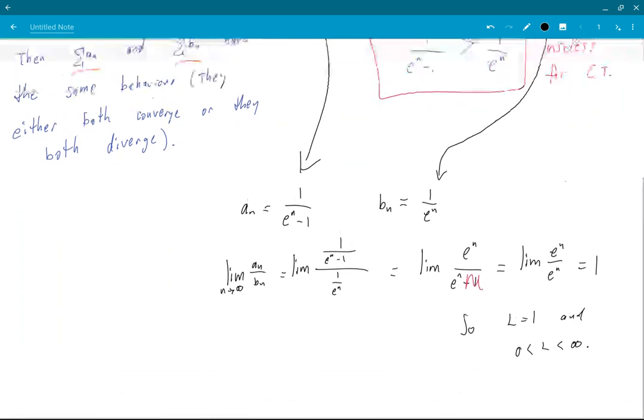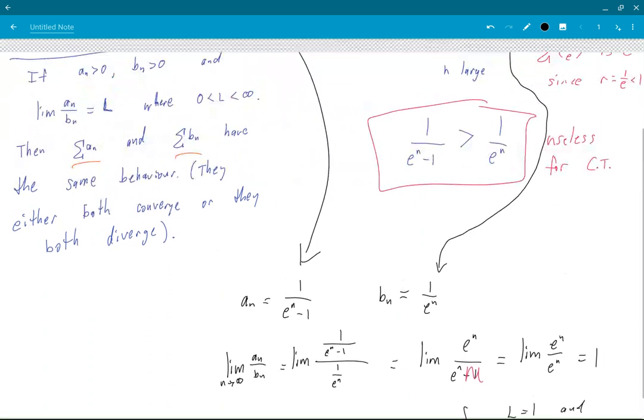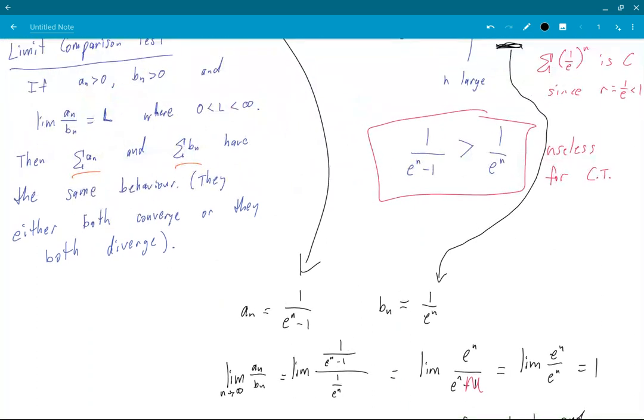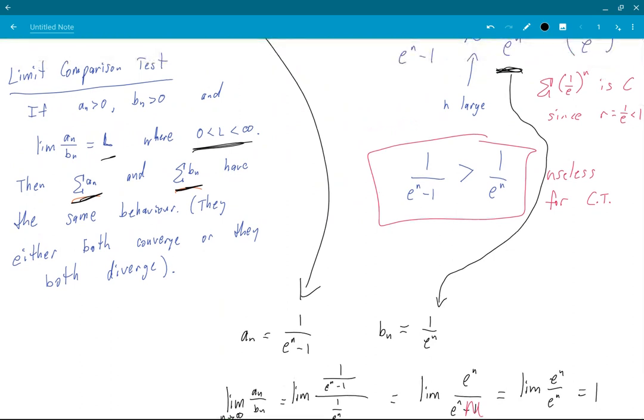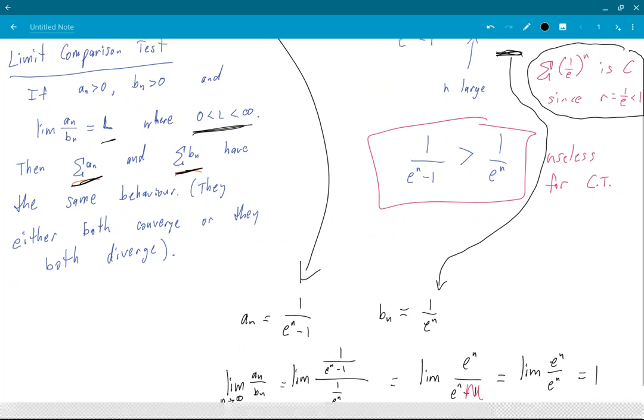Okay, so we can use the limit comparison test. So we calculated this L. It is between 0 and infinity. So these two series have the same behavior. They either both converge or they both diverge. But in my thinking that I did earlier, up here, I know that summation bn is convergent.